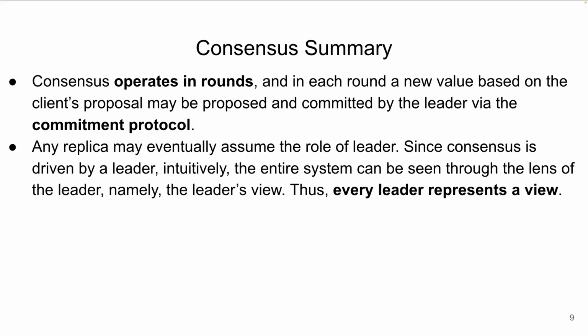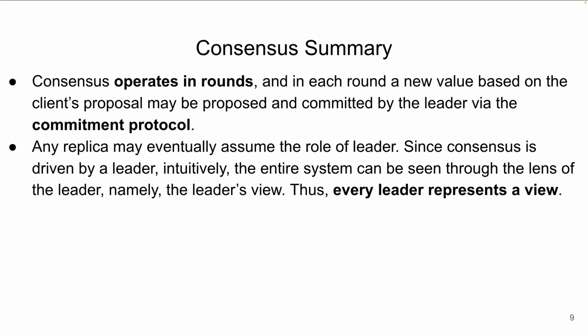So that's why the leader's view is what everybody begins to agree upon. And that's why when we do the view change, that means we go to a new leader and now we see the system through someone else's eyes, through someone else's view. So that's the intuition why they use the word view. At least that's my justification for it.